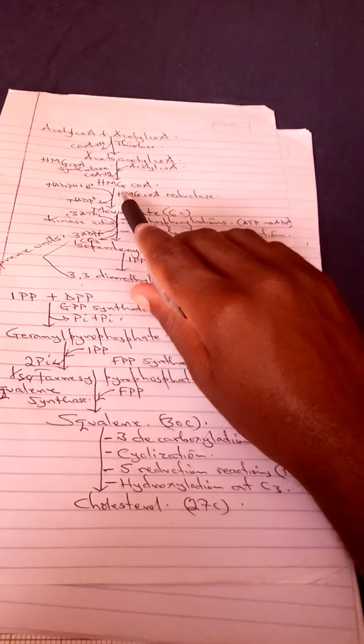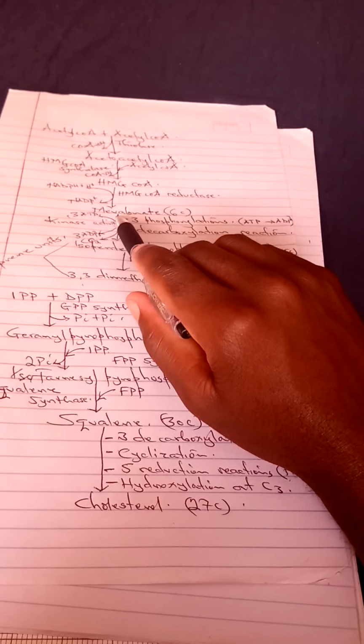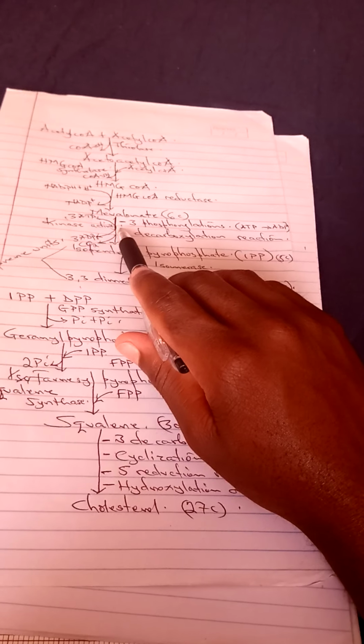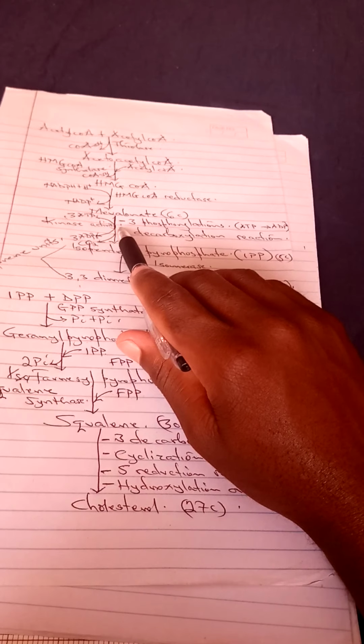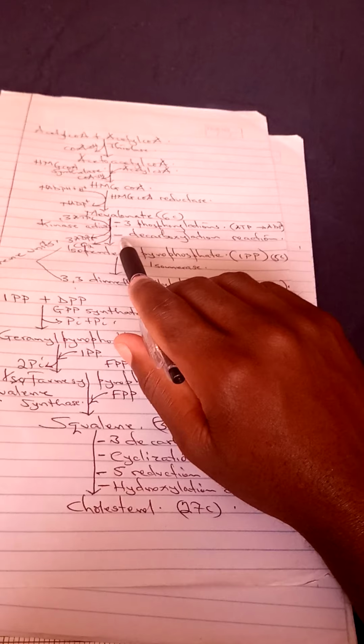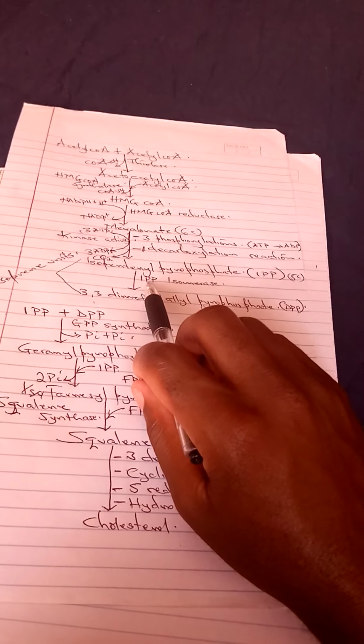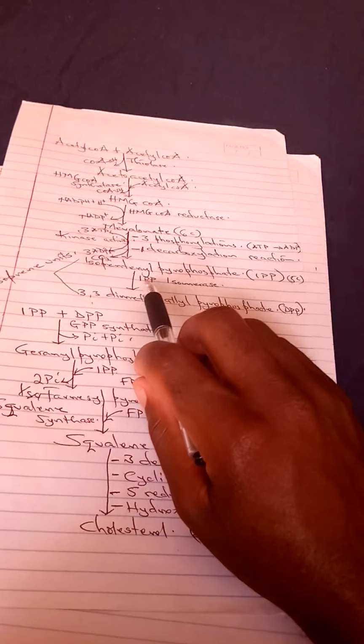HMG-CoA reductase will reduce HMG-CoA to mevalonate using NADPH. Then mevalonate will undergo 3 phosphorylation reactions using ATP to ADP. Then it undergoes 1 decarboxylation reaction to reduce the 6 carbon to 5 carbon isopentenyl pyrophosphate, IPP.